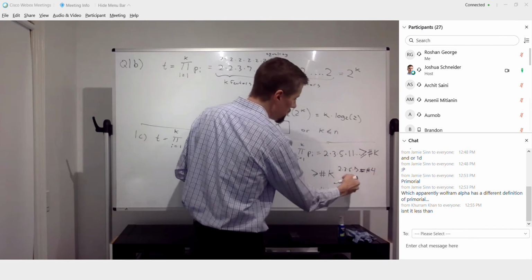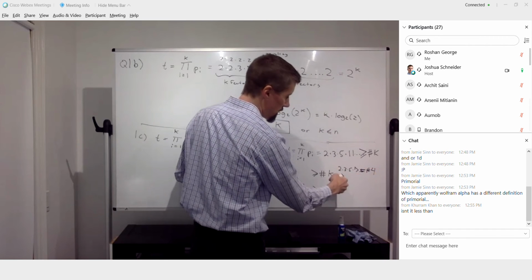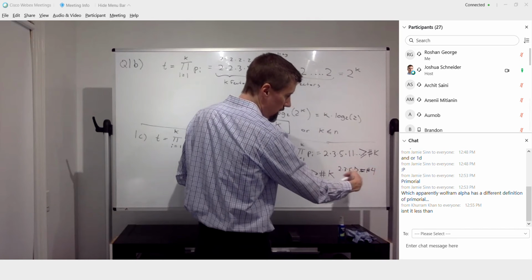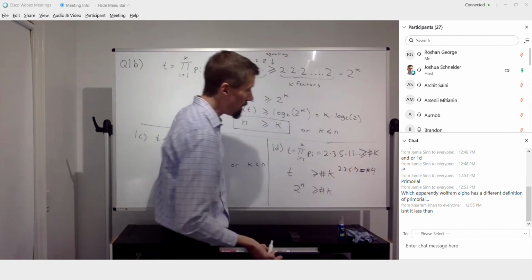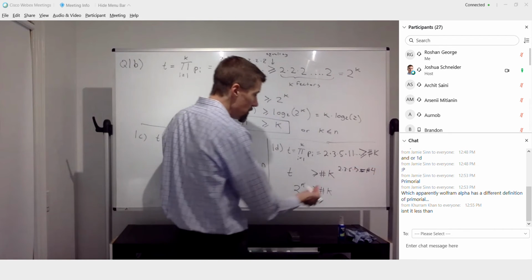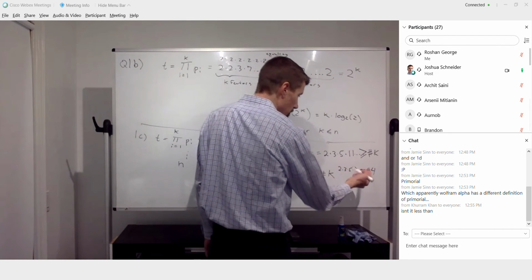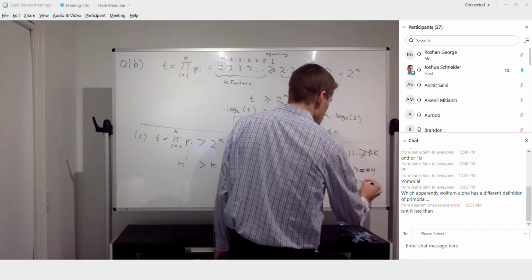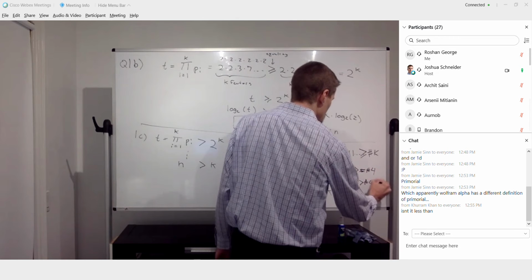But the only thing we can do to change this is to cut out a 2 and make it start at 3. Any modifications to these prime numbers means that, remember, they're all unique. So my only choice is to introduce a larger prime. So that's 2 times 3 times 5 times 11. Now that's greater than the primorial of 4.